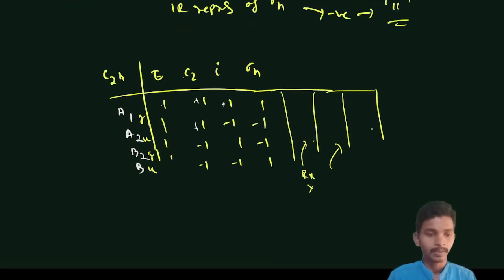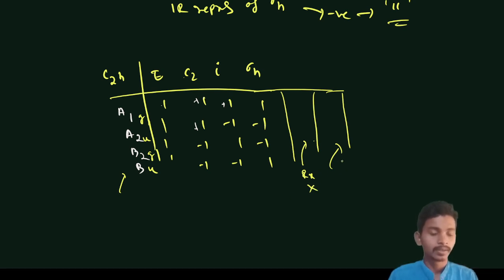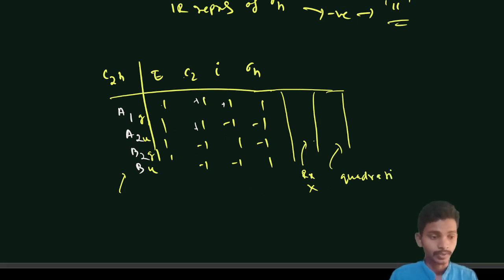This is part 5 and part 6, this will not come. So this is column 1, column 2, column 3, column 4, so 4 columns. Here Rx and Y, and the quadratic values will come, that we will discuss after we discuss the irreducible representations.